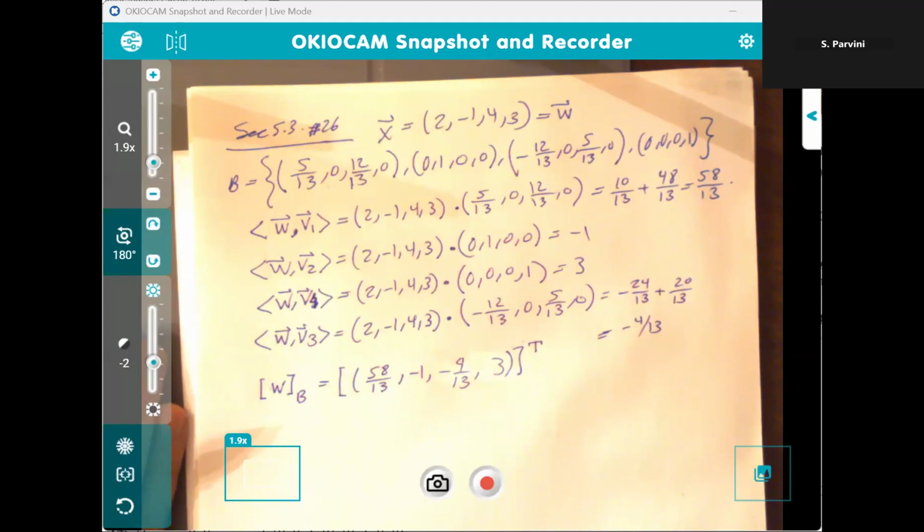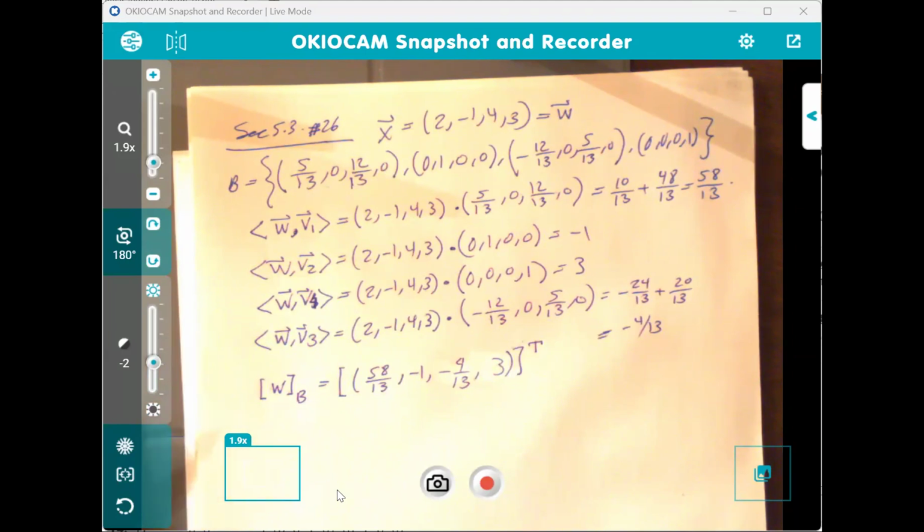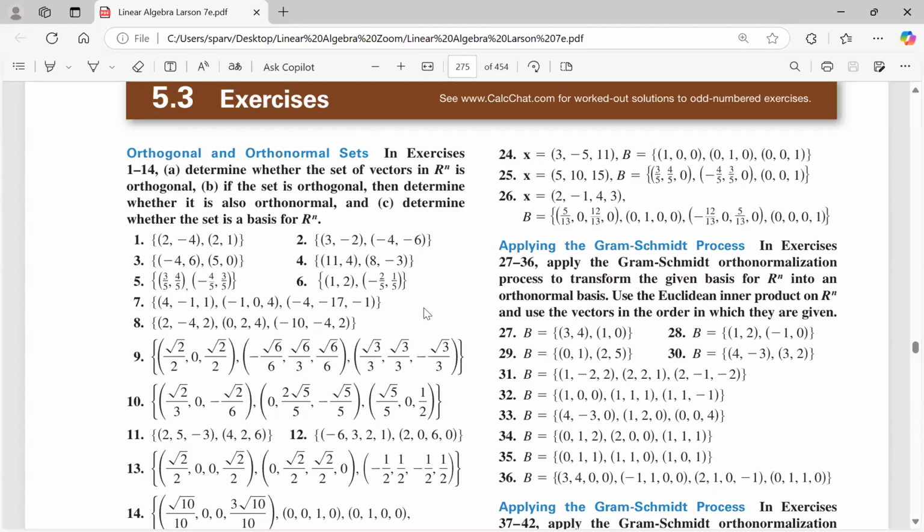Awesome. Now let me go back, change it to let's actually do a Gram-Schmidt here. So let me change my share. Okay, so there you go. So we did number 26. Hopefully everybody's okay with that.